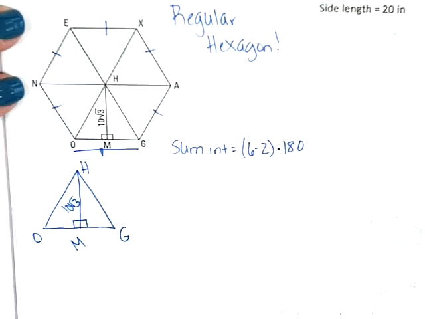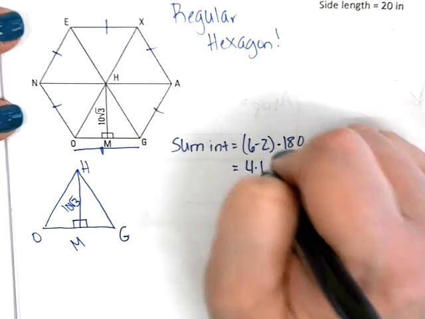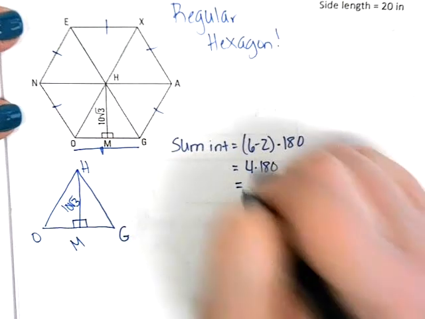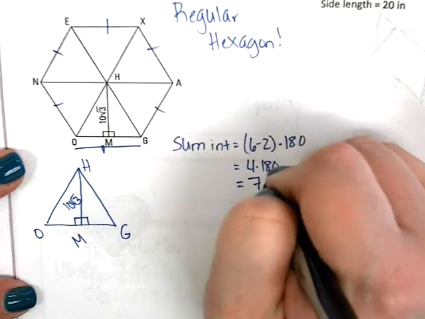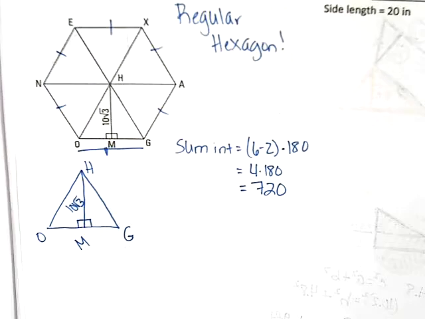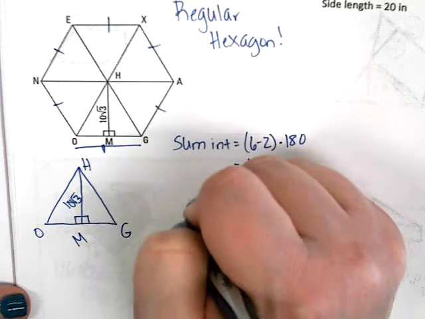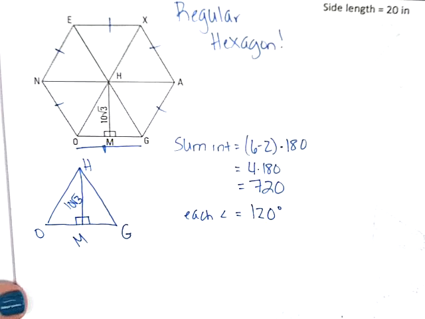We got to know them. Which means that the sum of the interior is 4 times 180, which we know is 720. All right, so the sum is 720, which means each angle, we can divide that by 6, and that's going to be 120 degrees.